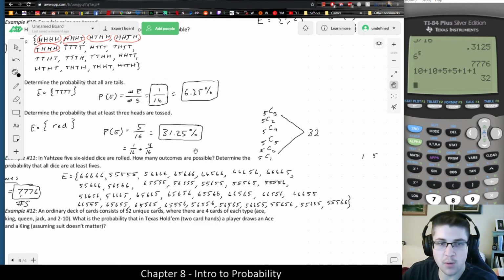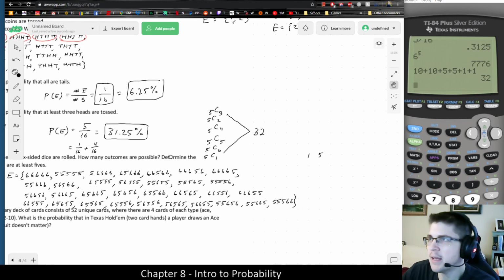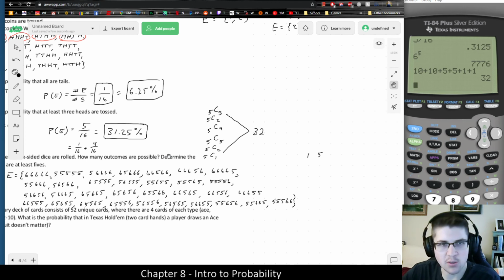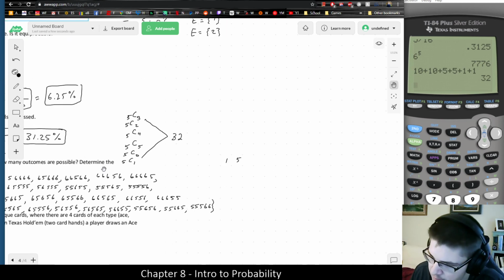And if you wanted to know what about having at least 4s, then again, you'd have to think it through as well. But my point is there's a way to think it through and a way to simplify these calculations quite a bit.